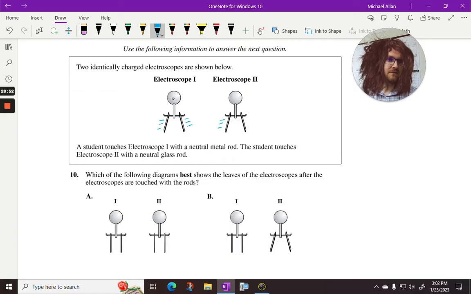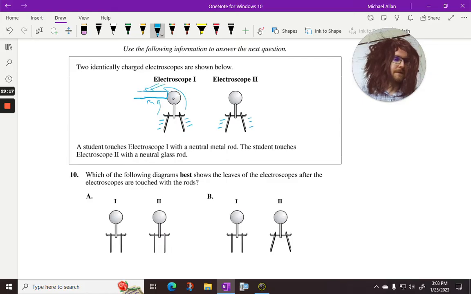If I come along with a metal rod, which is a good conductor, and it happens to be neutral, these electrons are going to distribute themselves further apart. They'll start moving around the device, and some of them are going to come up and distribute themselves on top of the metal rod.